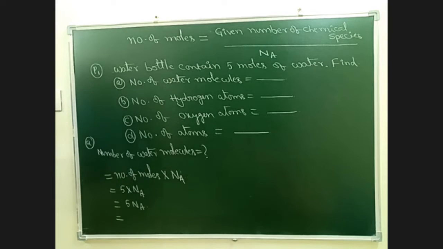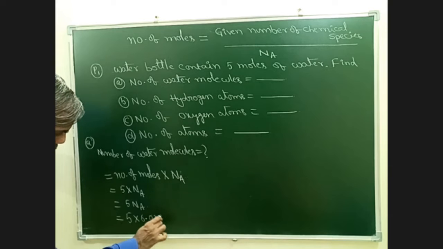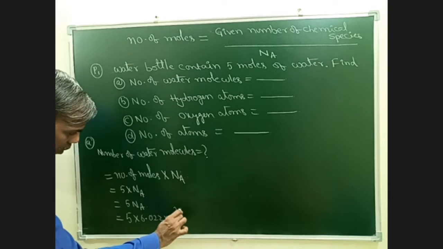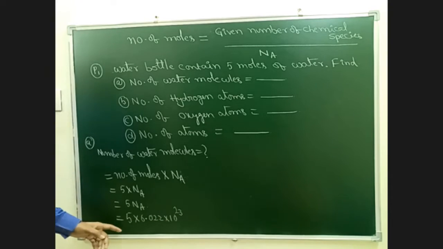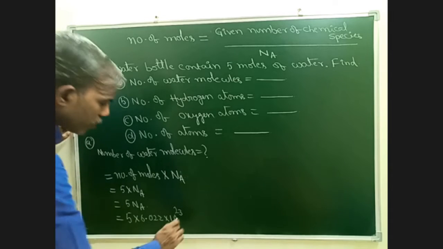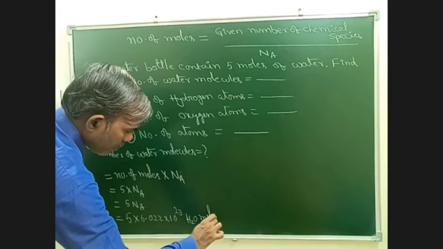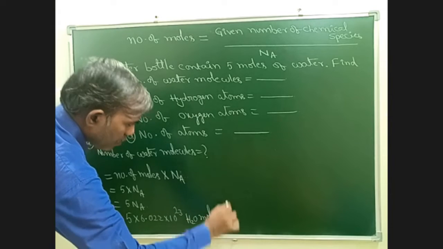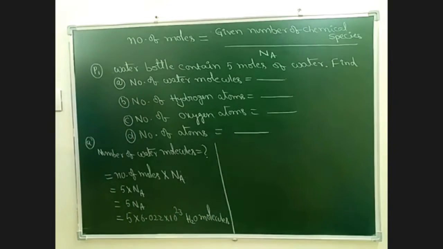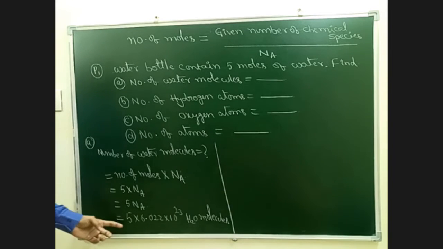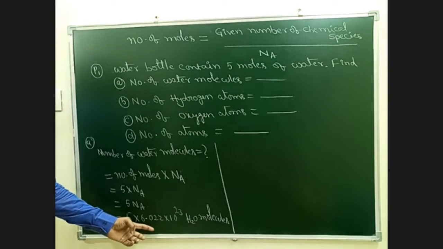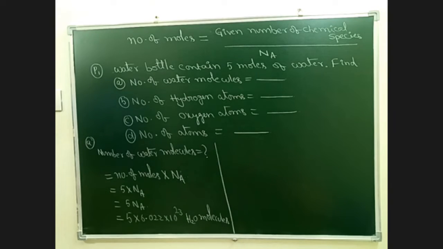Now, what is Na, student? 5 into 6.022 into 10 power 23 water molecules. So this many water molecules are present in the water bottle. 5 moles contain this many molecules.